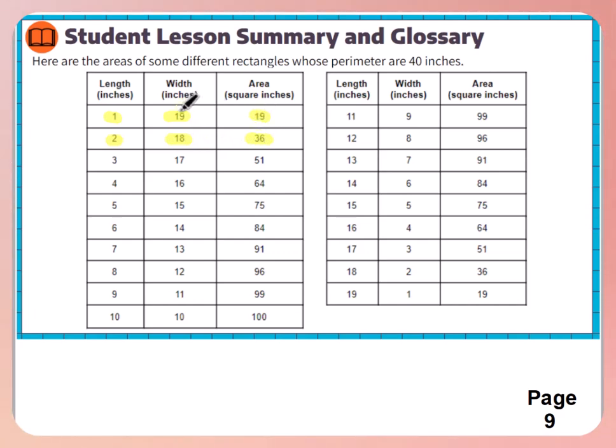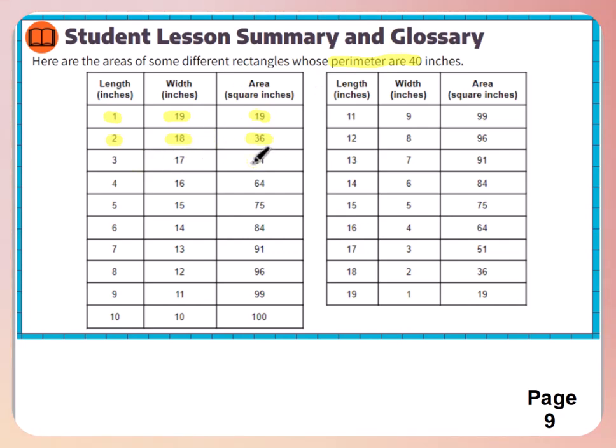So look at that. Add those together. 19 plus 1 is 20. 18 plus 2 is 20. Remember, the perimeter is 40. So if we've got a length and a width, they have to add up to half of that because we're only going halfway around. So those lengths and widths all add up to 20, giving us a perimeter of 40.